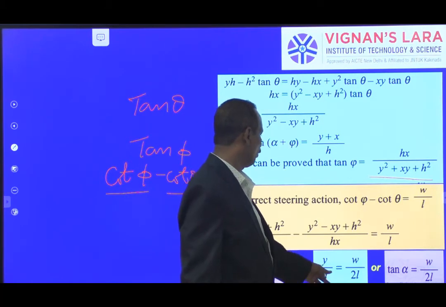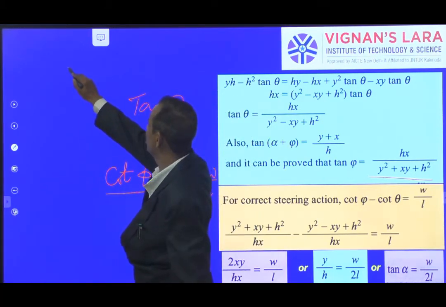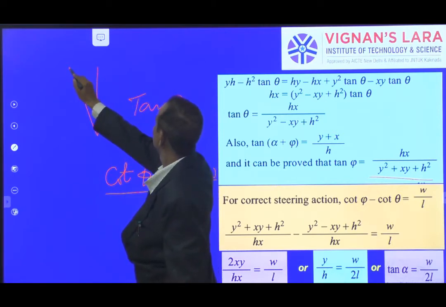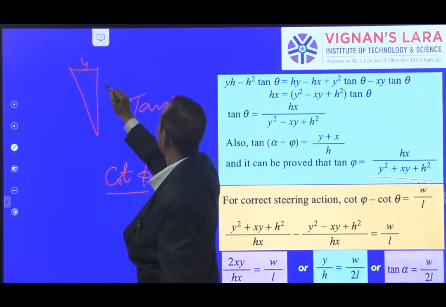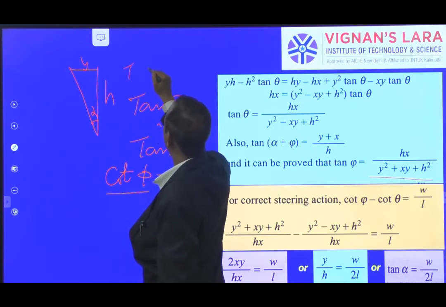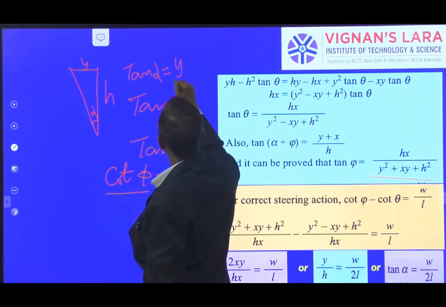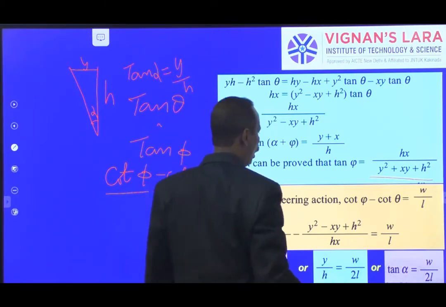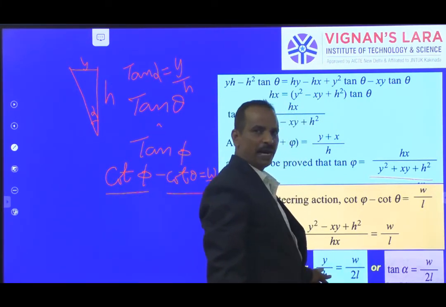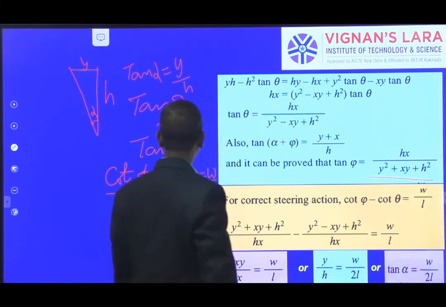Then what is y by h? From the basic equation you have seen, this is y and this is h, this is alpha, then tan alpha is equal to y by h. So I can write the left hand side y by h as tan alpha, then tan alpha is equal to w by 2L.